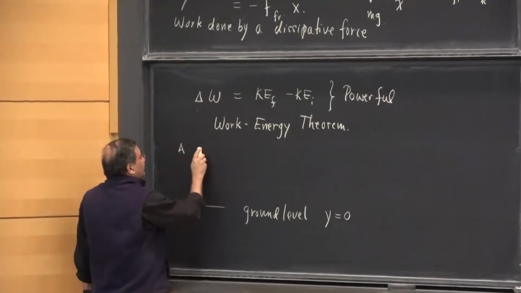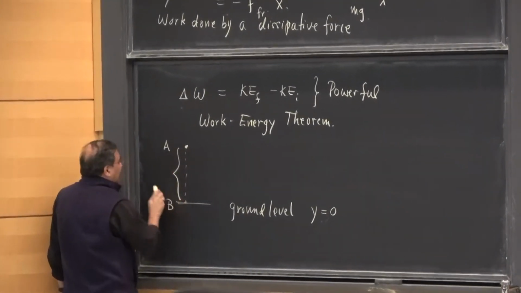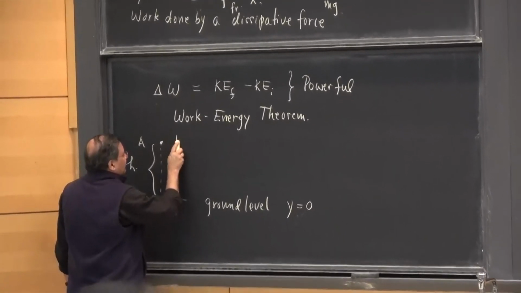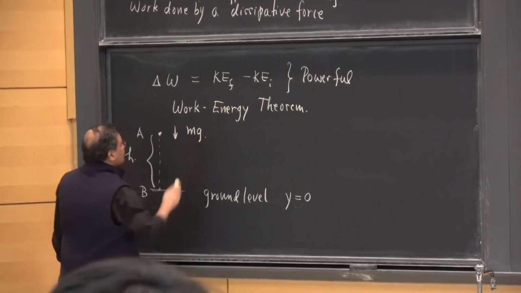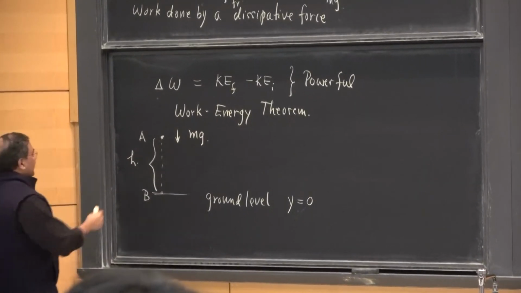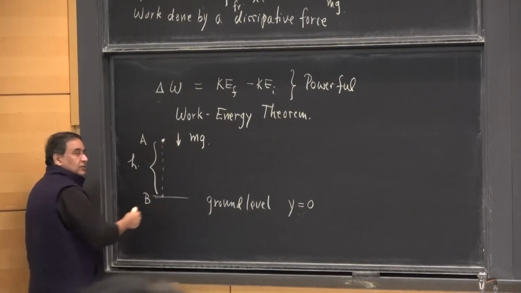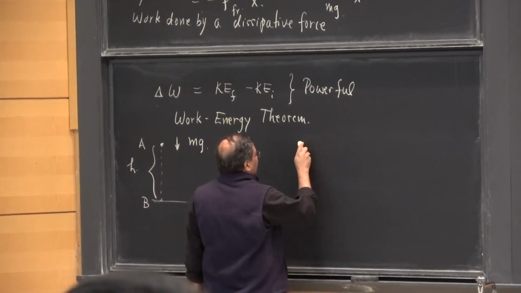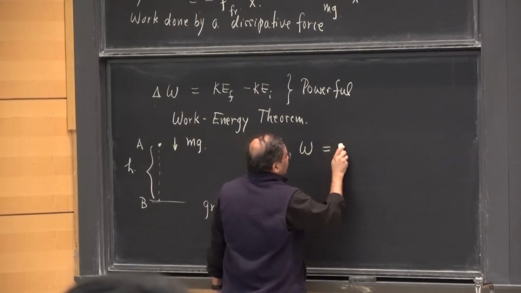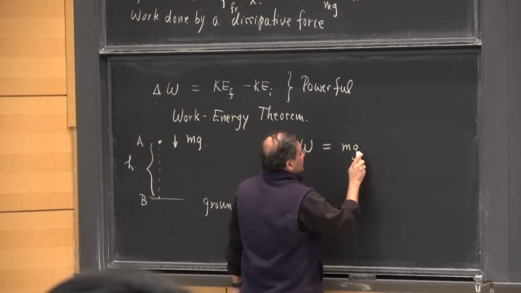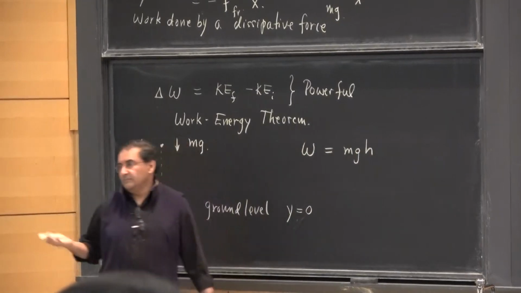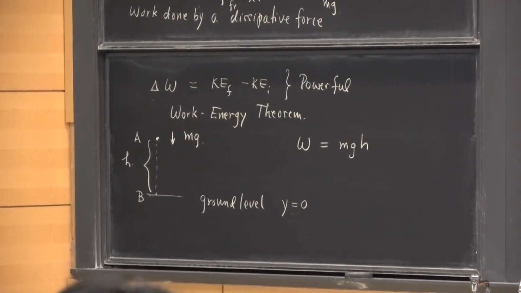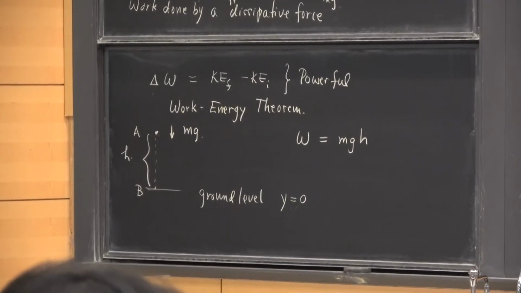So in this case, if I have a mass here sitting at height h, I know that there is a downward force mg if m is the mass. So if this mass travels from A to B, let's say falls from A to B, then we have a work done W, which is going to be mg times h. mg is downward, h is downward, they are both parallel, cosine of 0 is 1, and that is what you get.